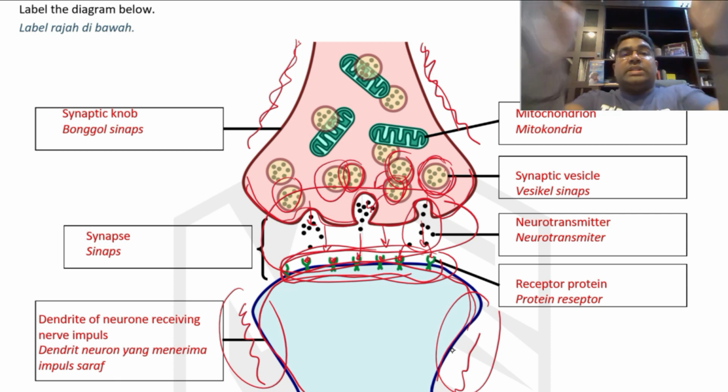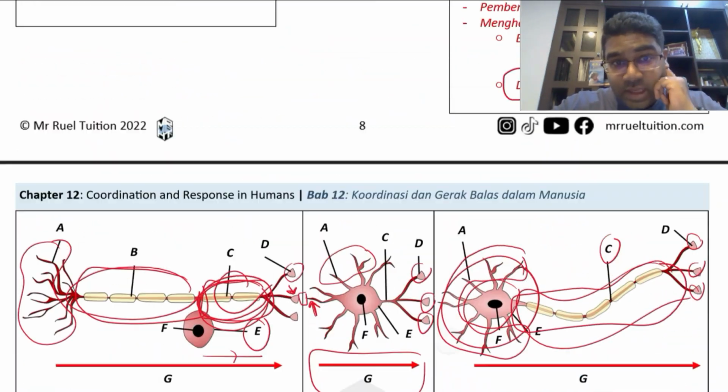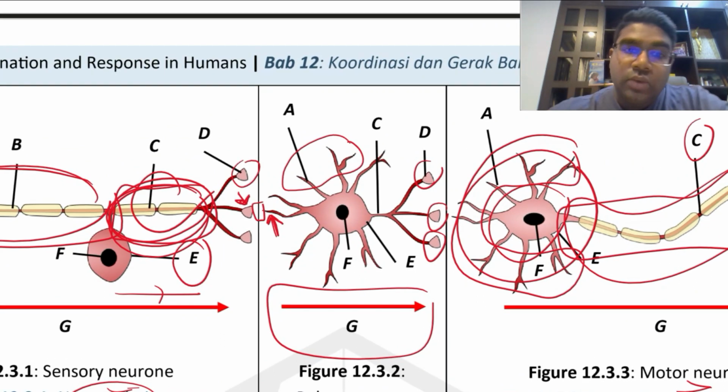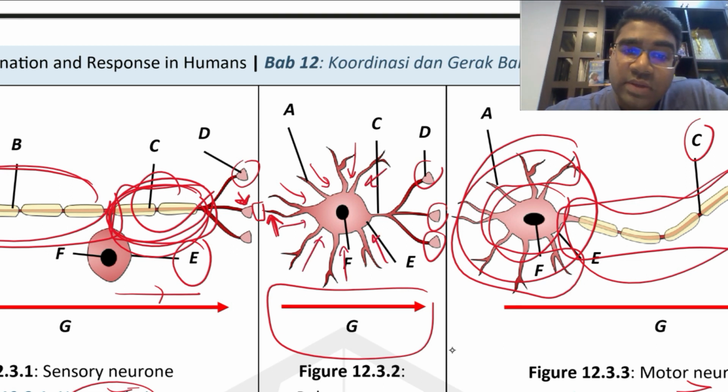It ensures that nerve impulse only goes in one direction. Let me show you. So tadi saya sudah tunjukkan satu neuron sebenarnya ada banyak dendrite tau. One neuron actually has many dendrites. So dia terima isyarat dari banyak tempat sebenarnya. Okay, it receives signals from many places.